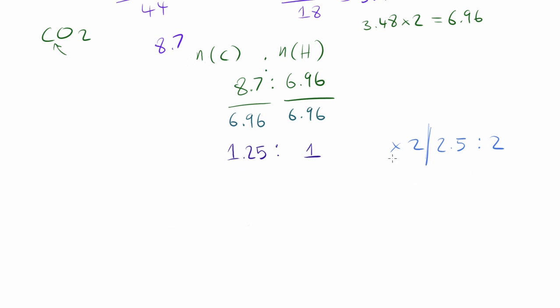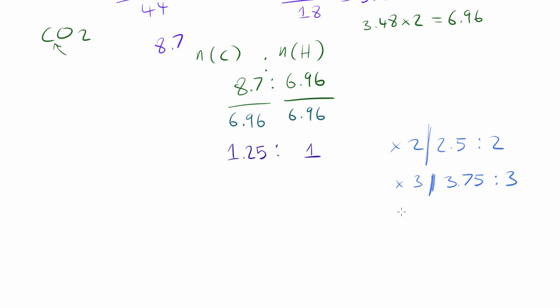Okay, if we multiply this by 3, what do we get? Well, we get 3.75 to 3, because we're multiplying both sides. Is this a whole number ratio now? Well, clearly it's not.